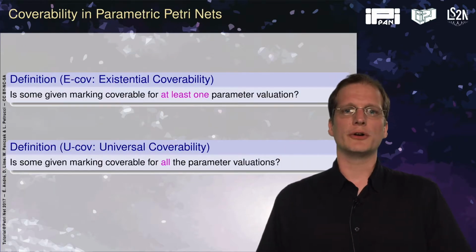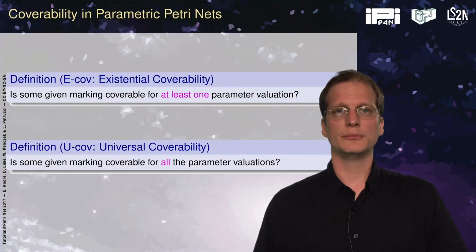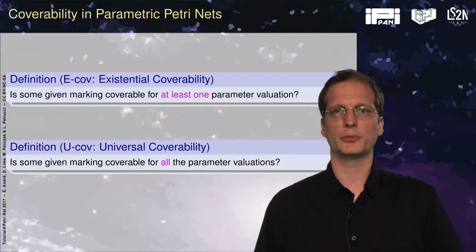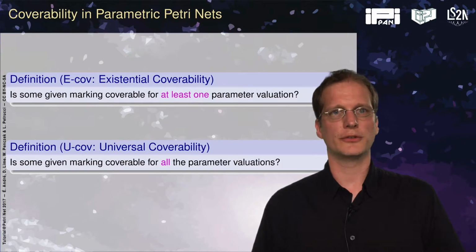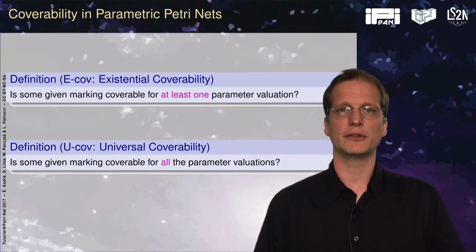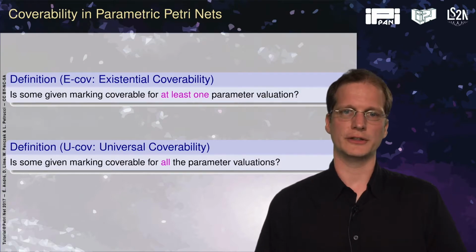So now what does it mean for coverability in the parametric setting? We can define 2 decision problems. The first one would be existential coverability: does there exist at least one parameter evaluation such that some marking is coverable in the instantiated net?